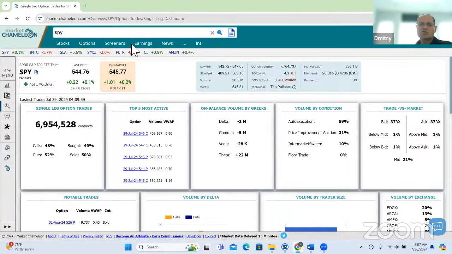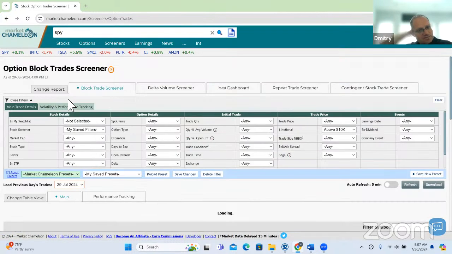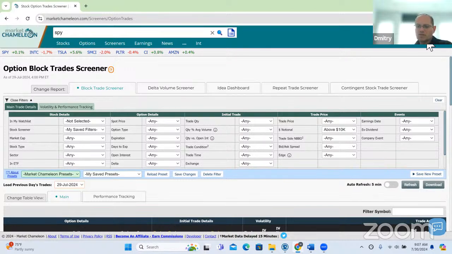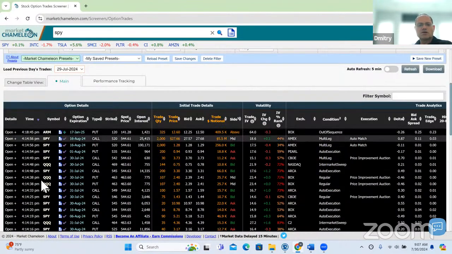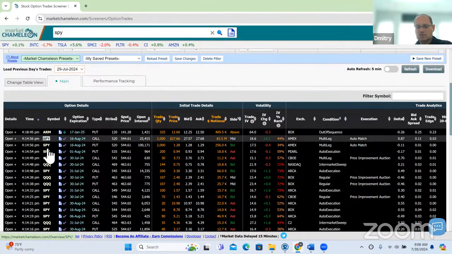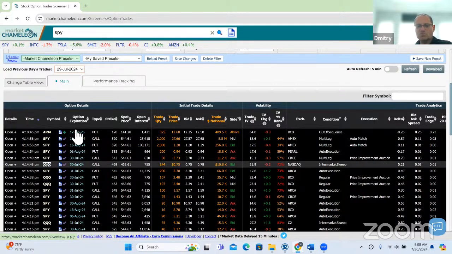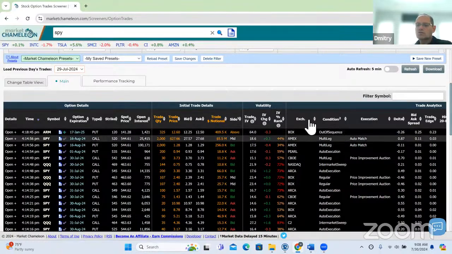Let me show you how that would look. If I go to option block trades, just so you see the conditions here. So here are different trades in options. You could see here you have different symbols. This is the option contract. It'll give you the expiration, put, strike. But if we come over here, we could see that there's conditions here. So see multi-leg.